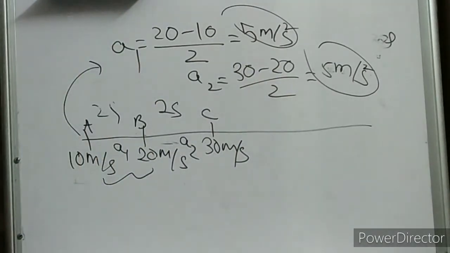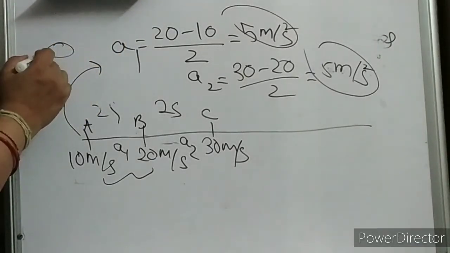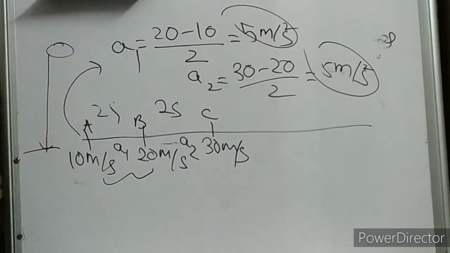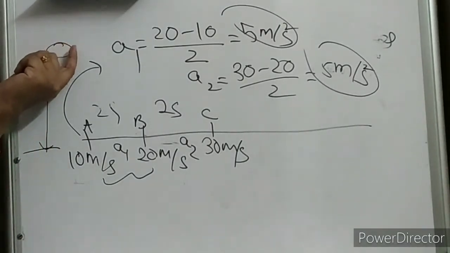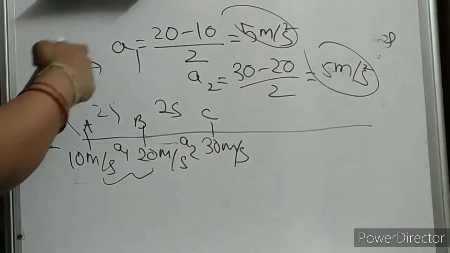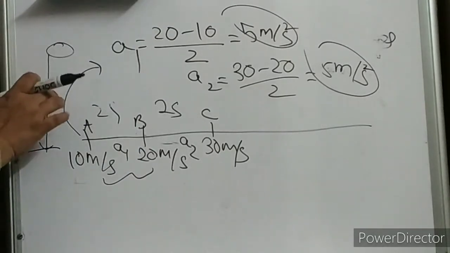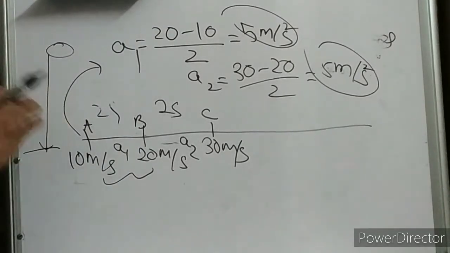Clear, children? What are the examples of this uniform acceleration? Tell me. When a body is falling freely, that means the motion of a freely falling body is an example of uniform acceleration. At a uniform rate, velocity will increase. Clear, children?